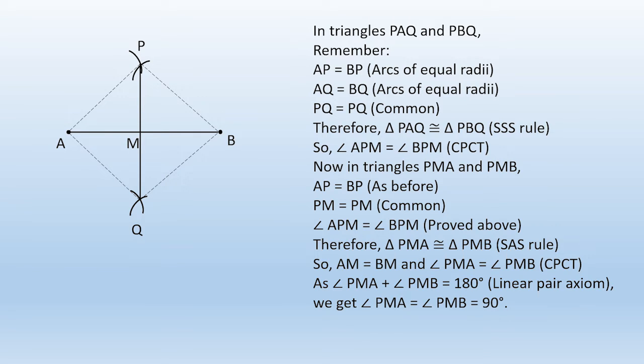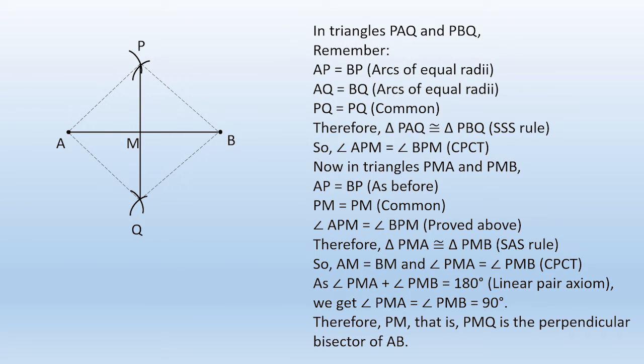Let's look at how this approach yields AB's perpendicular bisector. AP, AQ, BP and BQ are formed by joining A and B to both P and Q. In triangles PAQ and PBQ, AP is equal to BP, that is arcs of equal radii.